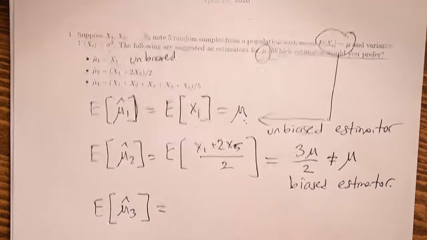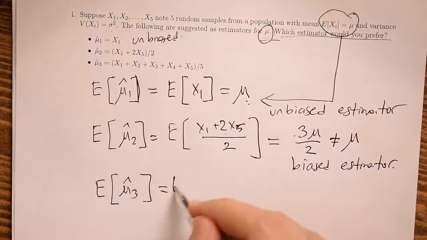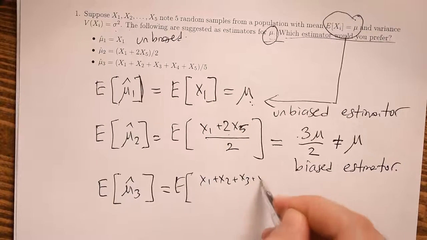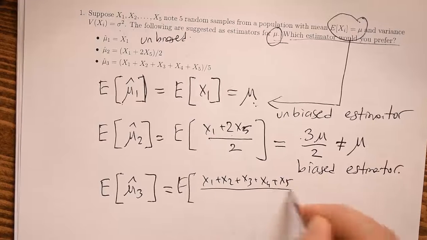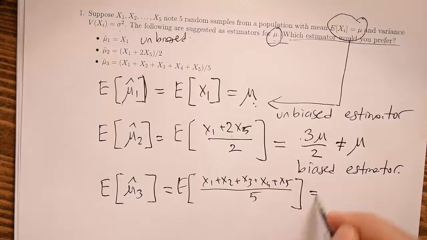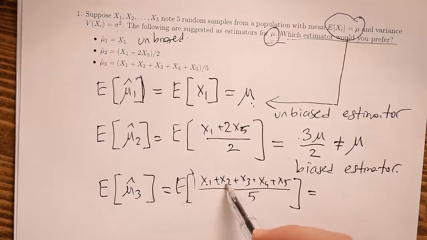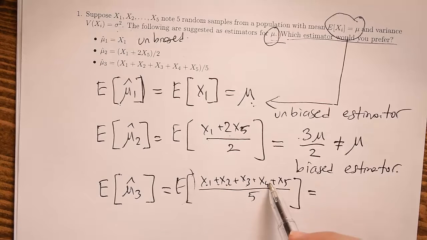How about the third estimator, which is mu3 hat? What's the expected value? The expectation of x1 plus x2 plus x3 plus x4 plus x5 over 5. Because expectation is linear, you can write expectation of x1 plus expectation of x2, expectation of x3, expectation of x4, expectation of x5, which are all mu.